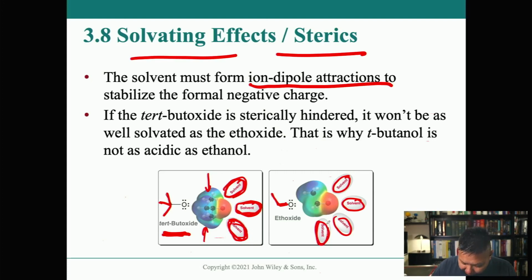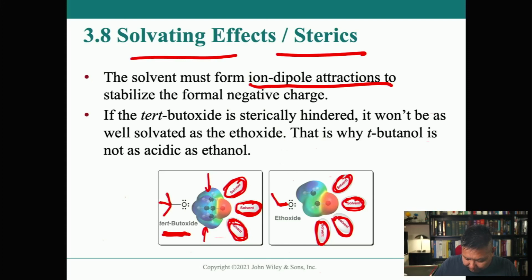So you have more solvent molecules that can surround the oxyanion, right? And with more solvent molecules around it stabilizing the oxyanion, it makes it a stronger acid, right?